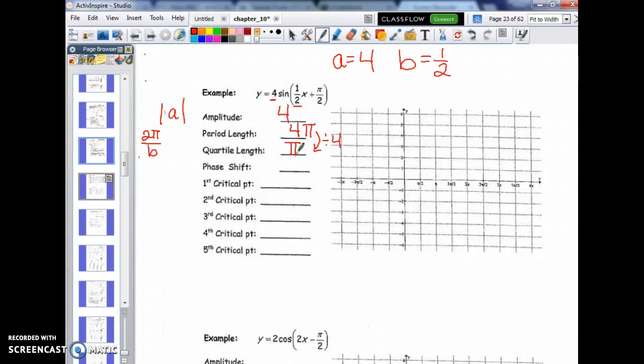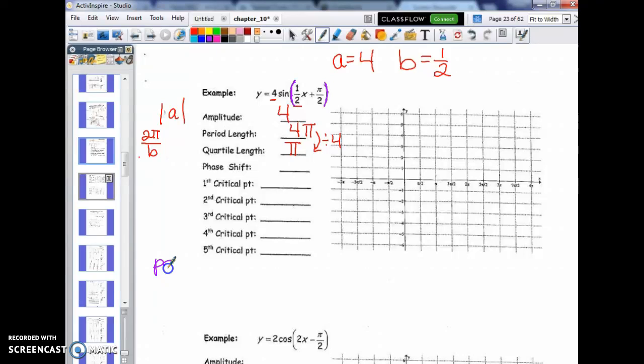Now my phase shift is something new. To find my phase shift, I'm actually going to take what's in parentheses and set it equal to 0 to solve for x. Okay, so I'm going to take what's in parentheses here and set that equal to 0.